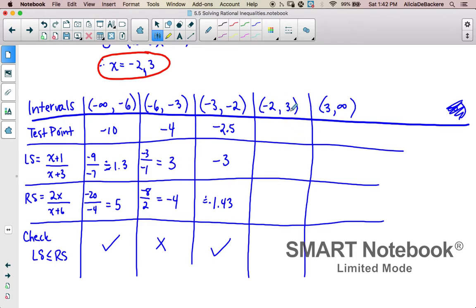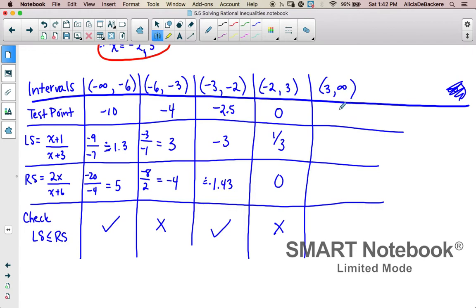Now I'm picking a number between -2 and 3. 0 is always your friend if you can choose it. When you plug 0 in here, you just get to ignore the x's, and your answer is 1/3, or 0.33. And then here again, you plug 0 in for these guys, well, you just get 0 over 6, which is 0. And then you're asking yourself, is your left side number 1/3 smaller than 0? No, it is not. And then picking any number bigger than 3, I'm going to pick 5, but again, you can pick 1,000.